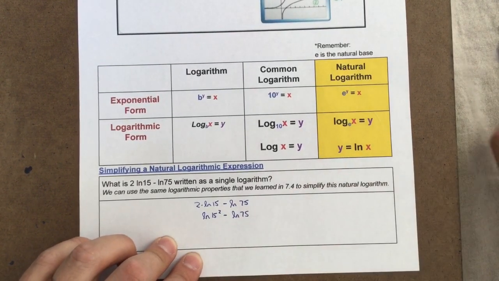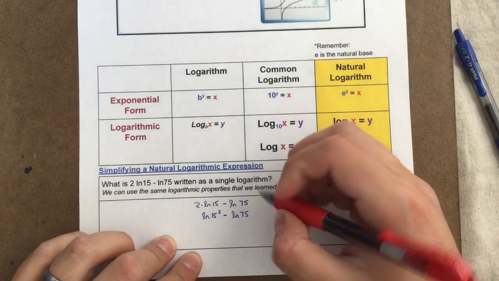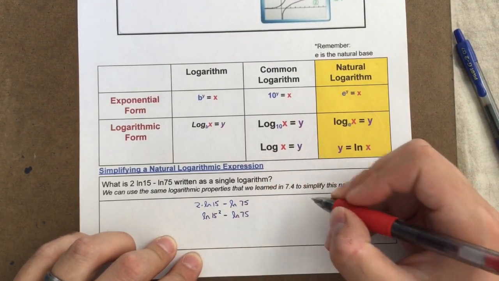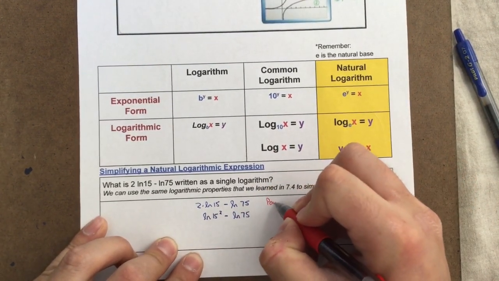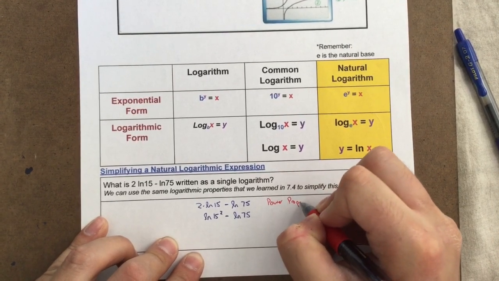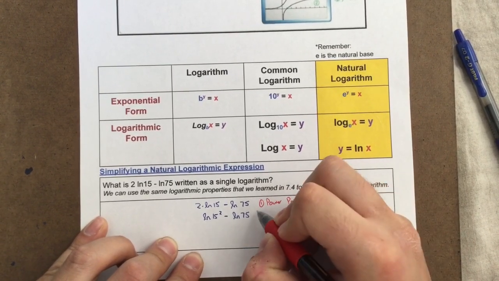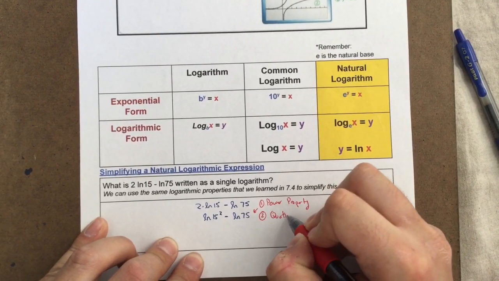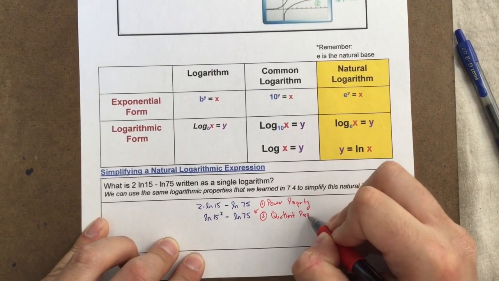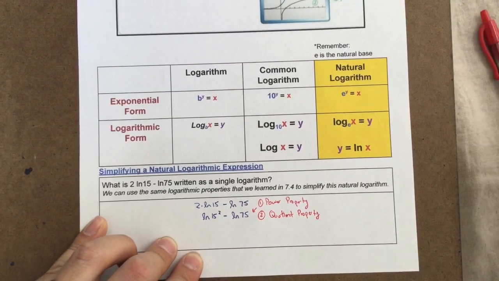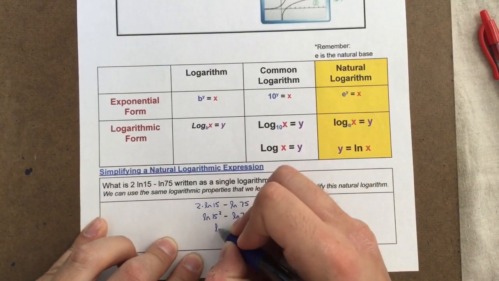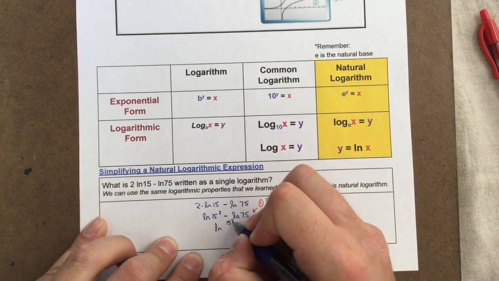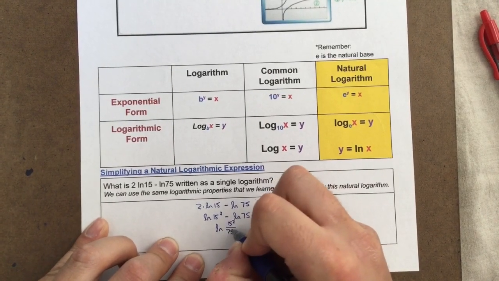Now that we see subtraction, I can use our quotient property. So let me write this. This was power property first, and then I'm going to use the quotient property. So I'm going to write this as the natural log of 15 squared over 75.